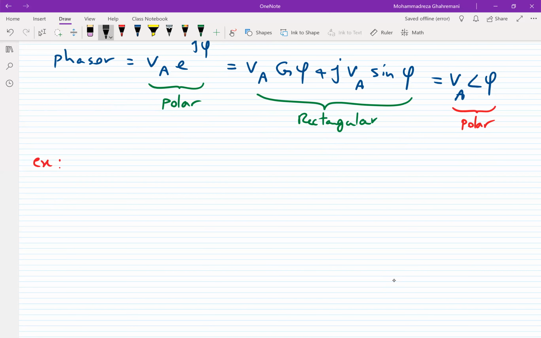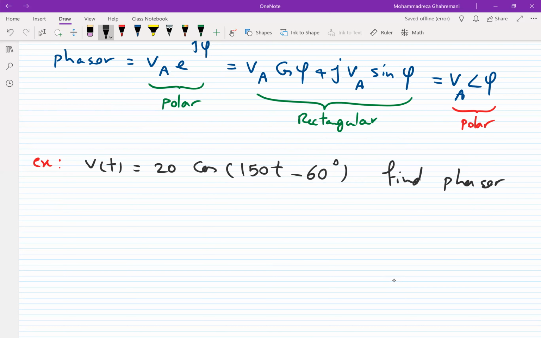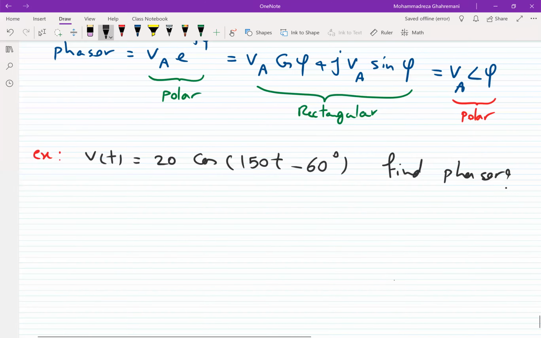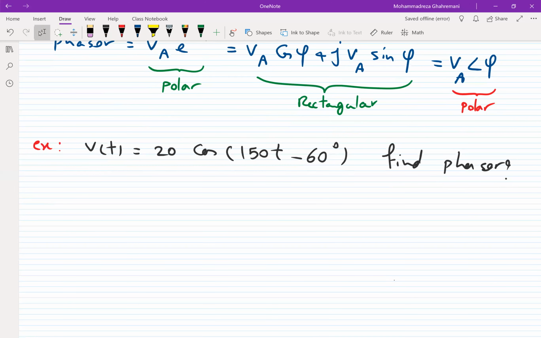let's assume we have this signal V of t is equal to 20 cosine of 150t minus 60 degree, and we want to find phasor. Okay, so we know that the phasor consists of amplitude and phase angle.